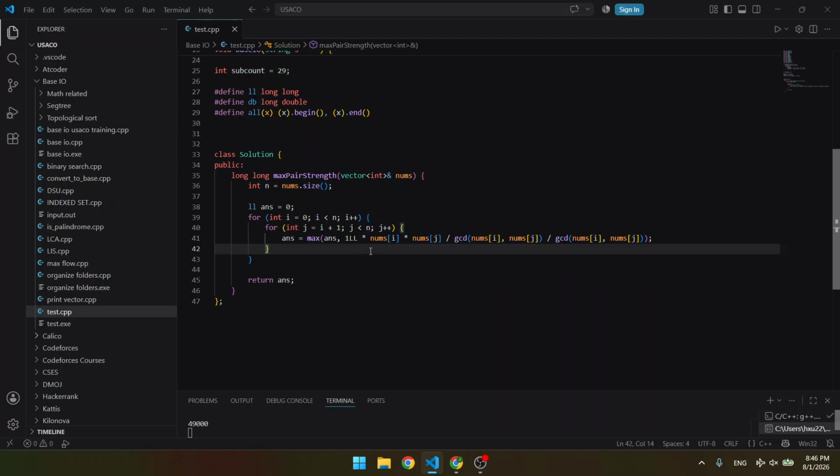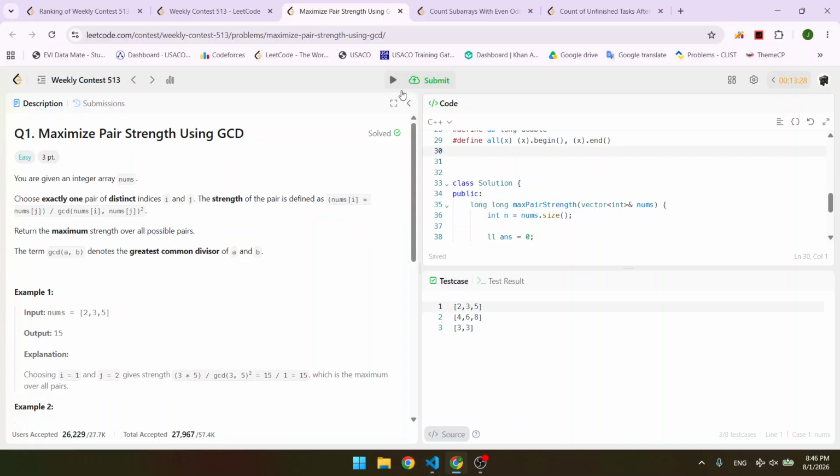The strength should be nums[i] times nums[j] divided by GCD(nums[i], nums[j]), divided by GCD(nums[i], nums[j]). That's just what the problem is asking. So you can take the maximum of all of them in your answer, and return the answer. And you have to use long long.